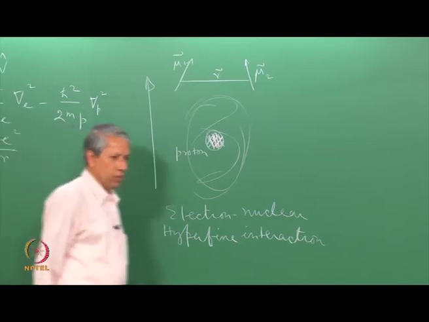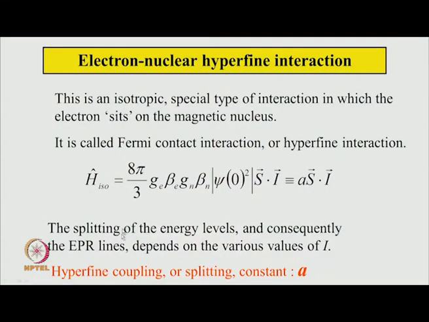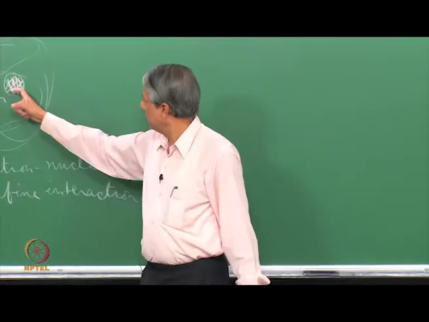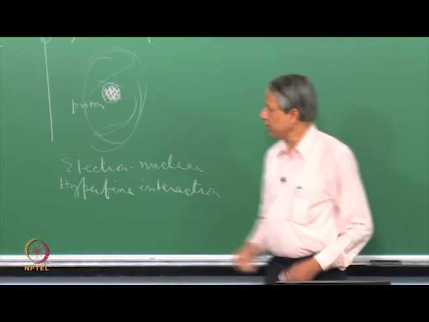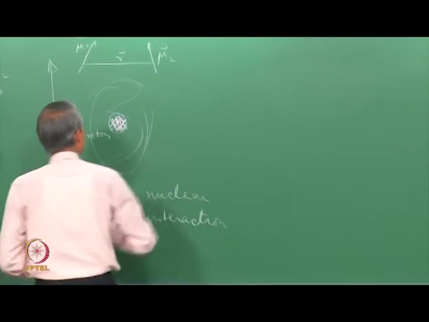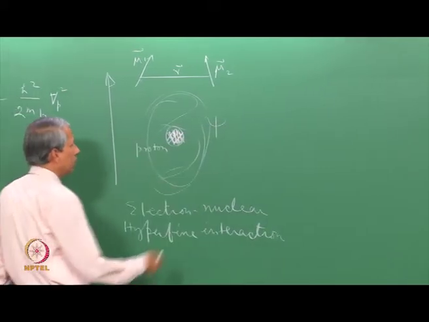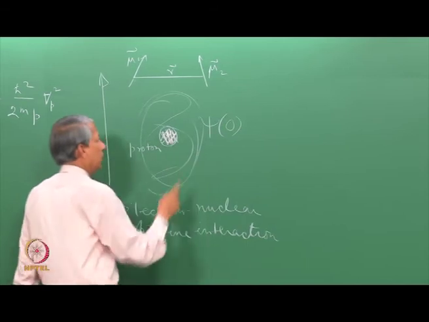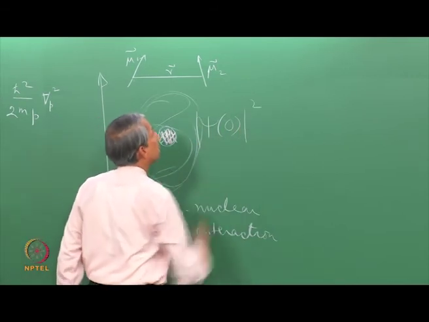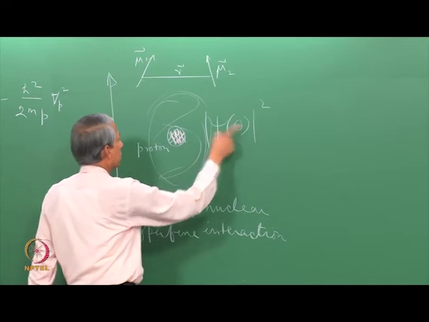It was proposed by Fermi. The expression is given here. See, just like dipole dipole interaction, this also depends on the strength of the magnetic moment of the electron and the magnetic moment of the nucleus, but it also depends on this probability of finding the electron at the nucleus. So, if psi is the wave function of this electron which is describing its motion around the nucleus, then psi 0 squared gives the probability of finding the electron at the nucleus.